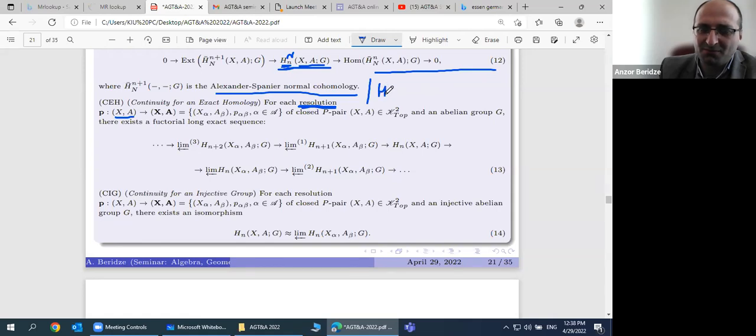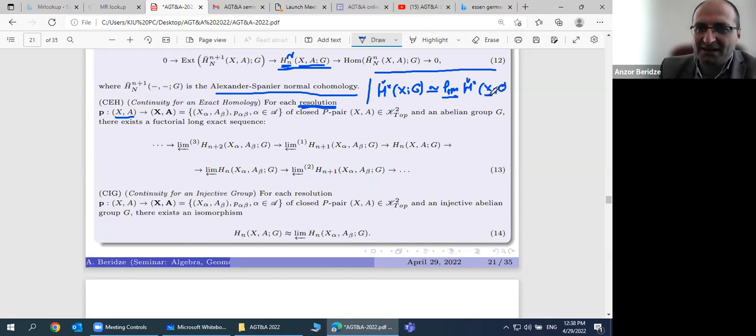This is maybe Morita cohomology, but it is proved by Watanabe that the cohomology of a topological space is isomorphic to the inverse limit of the cohomology of these spaces X alpha.